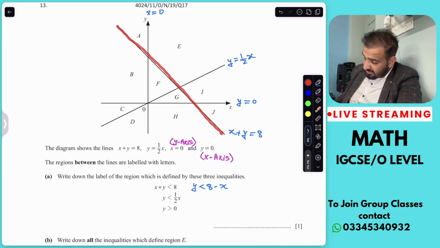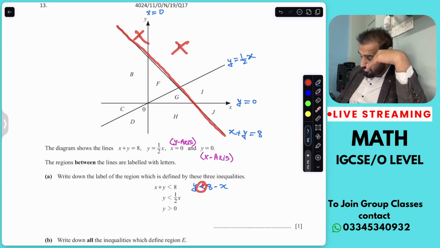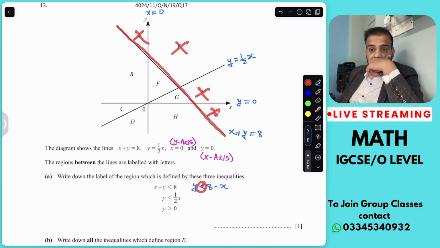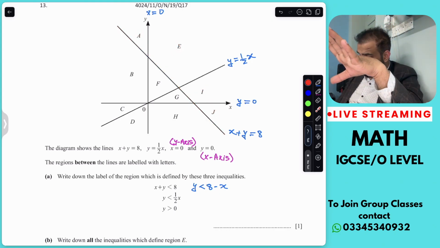This is your line. So less than means below the line. So below the line, cancel all of these. Just because of the first, all A, E, I, J cancel out. Okay, cancel all of these.